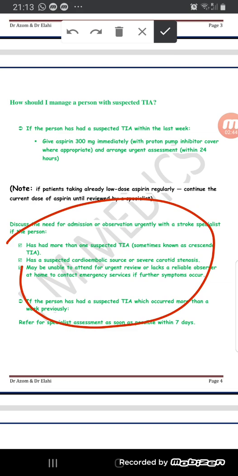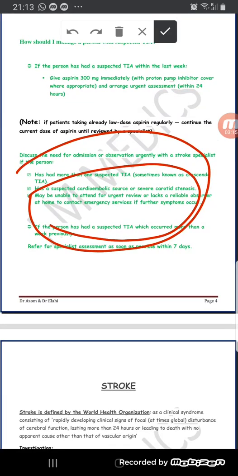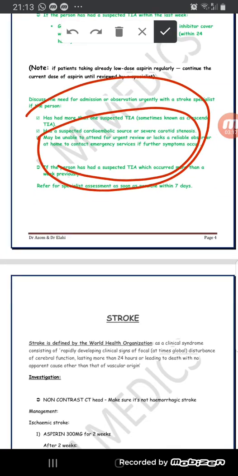So those who have crescendo TIA, meaning who had more than one suspected TIA, and a few other things as you can read here, suspected cardioembolic source or severe carotid stenosis, or any other patient who may be unable to attend the urgent review, or who lacks a reliable observer at home to contact the emergency services if the patient has another episode of TIA symptoms or stroke symptoms again.